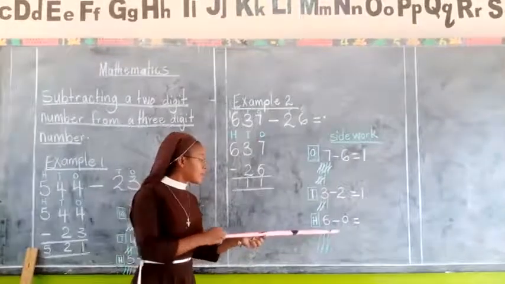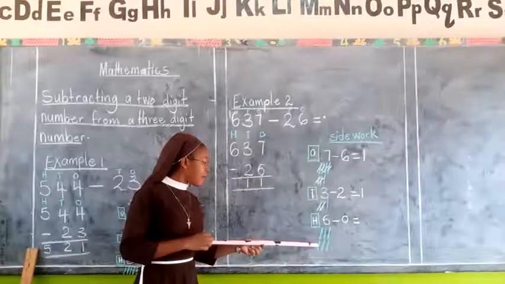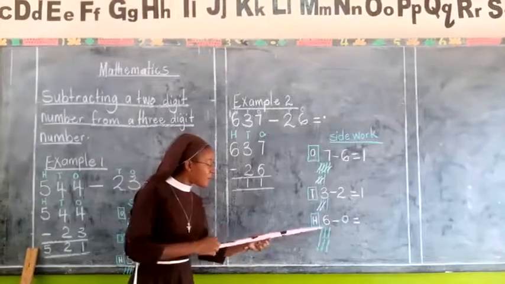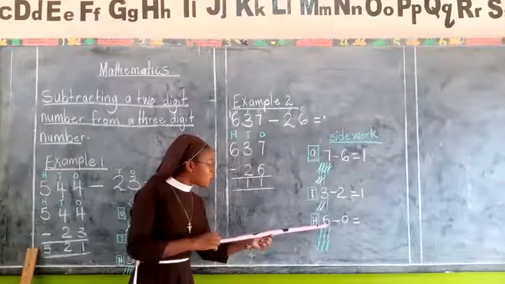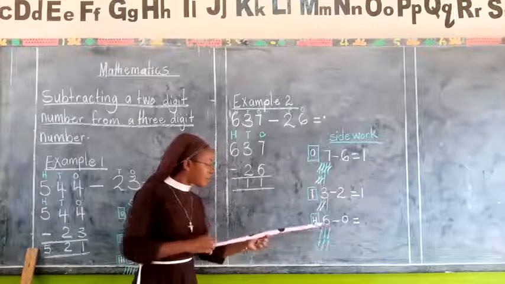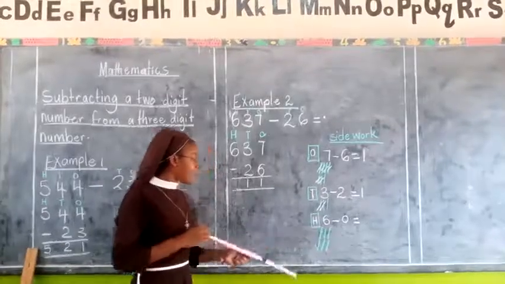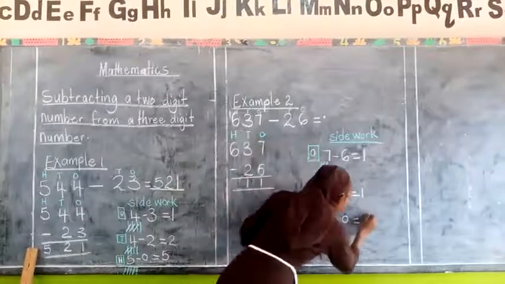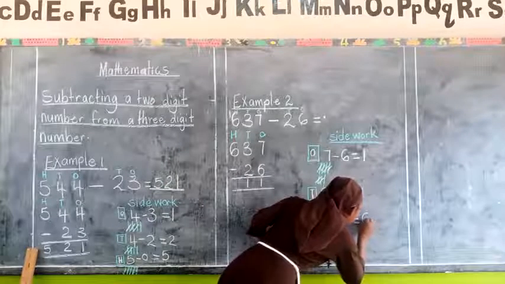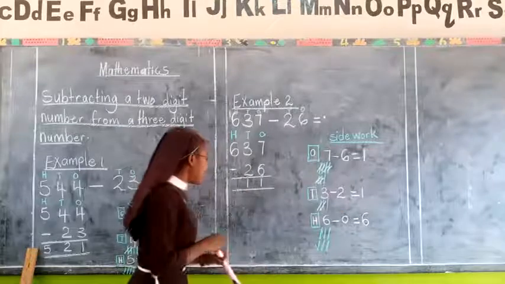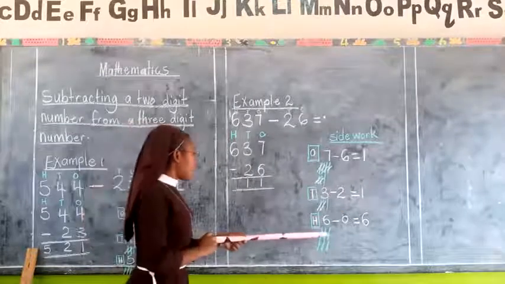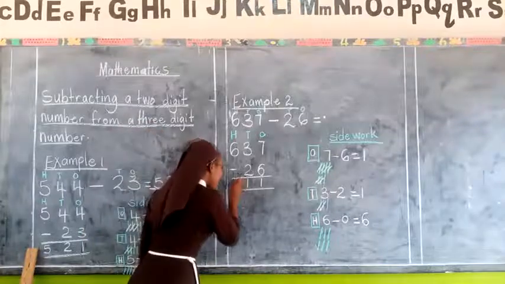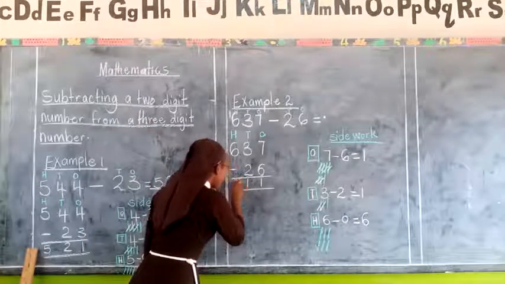We say 0 is the same as nothing, meaning we are going to remain with our 6 counters. We shall remain with 6 as our answer. Since we have subtracted nothing from here, we come to the hundreds place value and we write 6 as our answer.